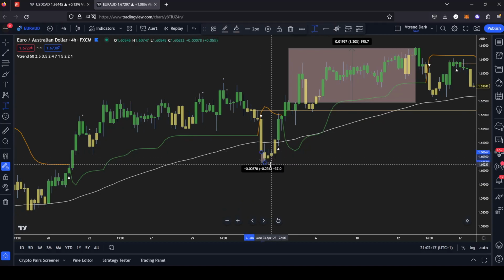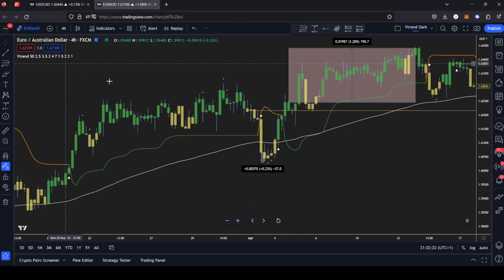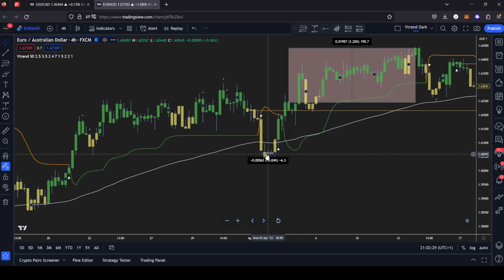But we would have been lucky to get out with a couple of pips profit, or our stop loss hit, purely because, yeah, probably break even at best, because the diamond reversals are printed there, and if you're trading with a low time frame chart as a companion, you probably would have seen price turning around.